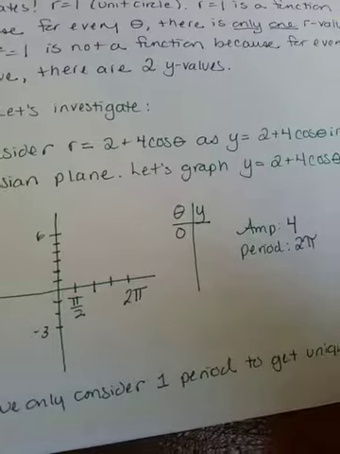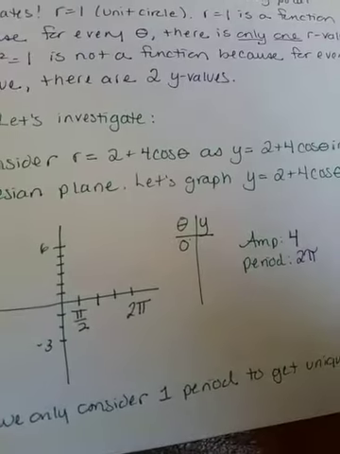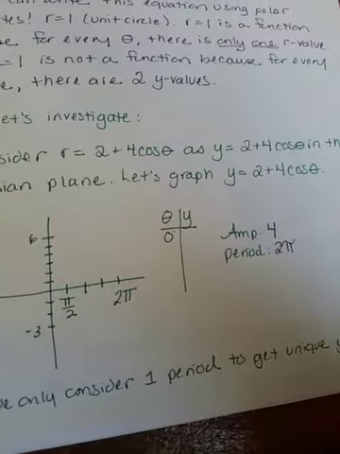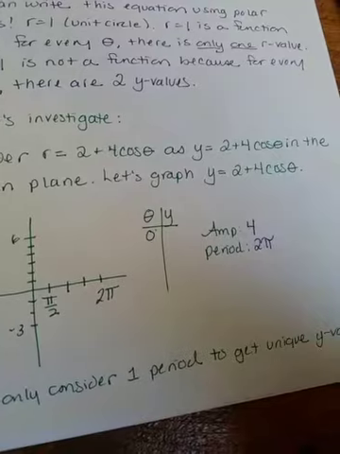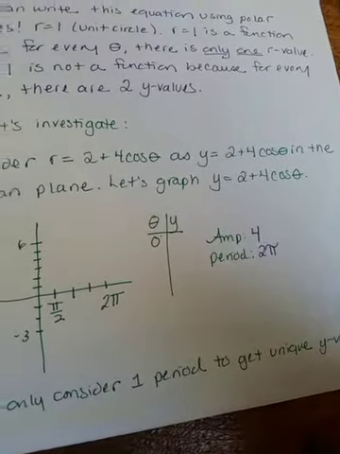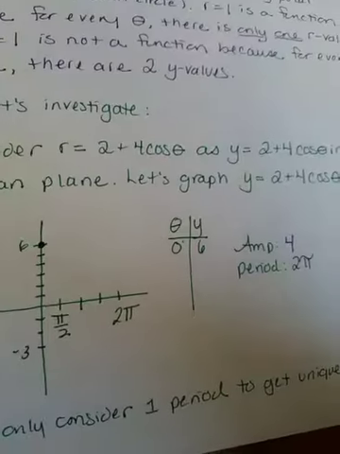So we'll do this in degrees. I know that's a little confusing, but if theta was 0 degrees, my y value is going to be 6. Why? Because cosine of 0 is 1. 1 times 4 is 4, and 4 plus 2 is 6. So I know I have a point right here at (0, 6).